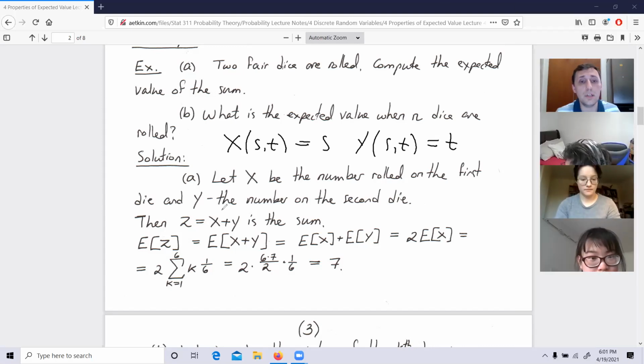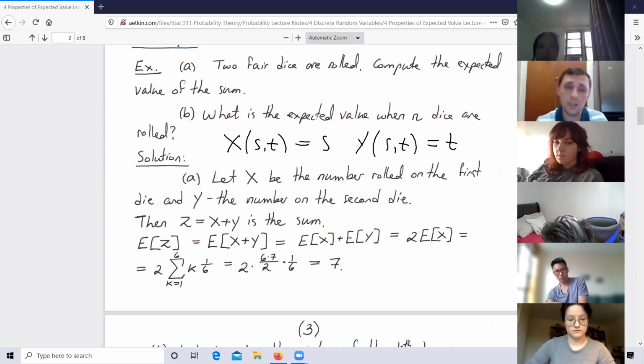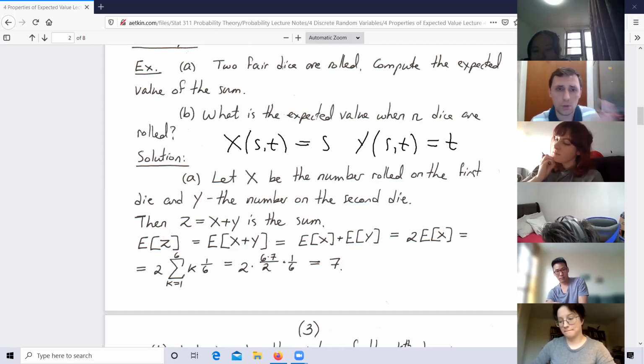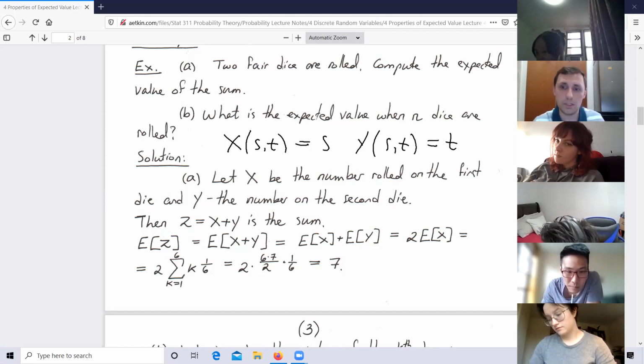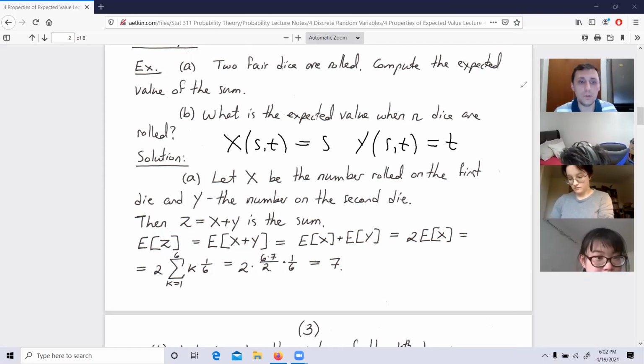Now, we know that the expected value of z is the expected value of x plus y. Right? Z is just s plus t. What's the expected value there? Now, the expected value of x, if we just isolate x by itself, the probabilities collapse to the situation where you're tossing one die. You agree? So each outcome has probability 1 out of 6. And so what's the expected value?